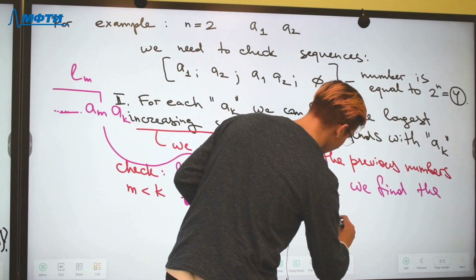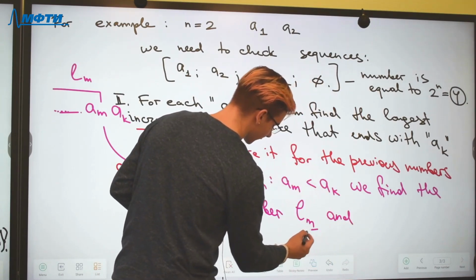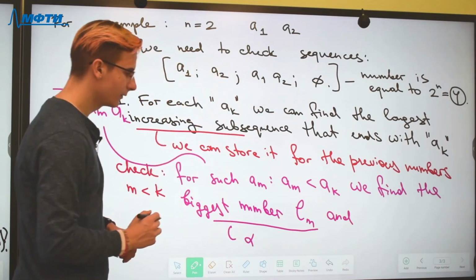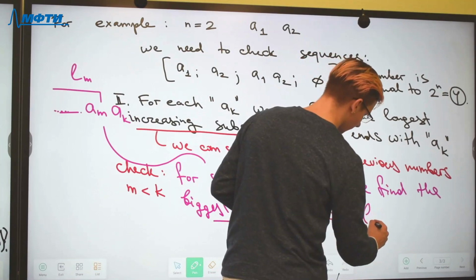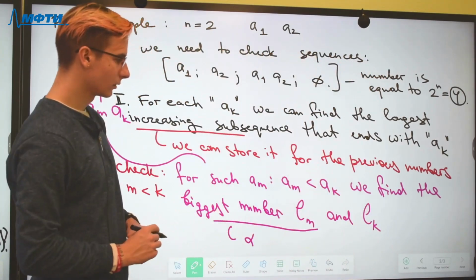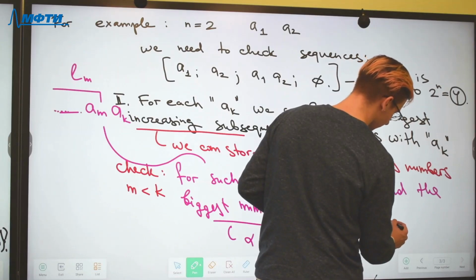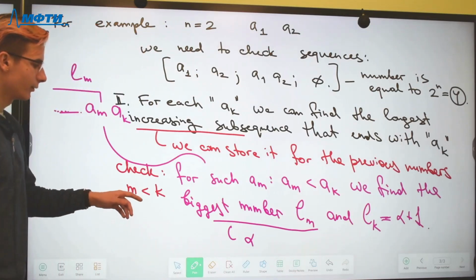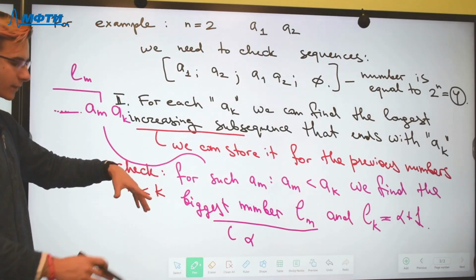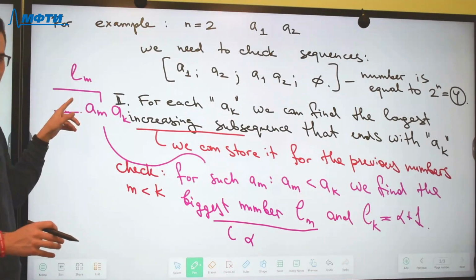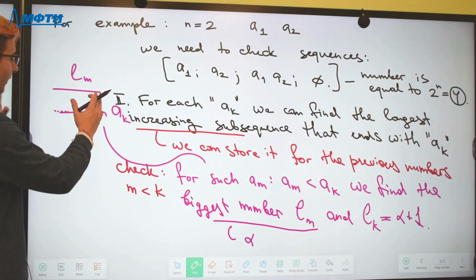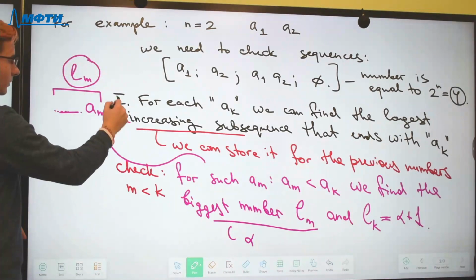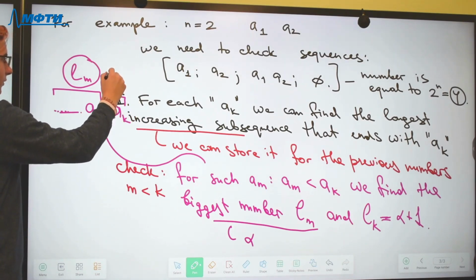For example, the biggest number Lm is equal to alpha, and we say that Lk is equal to alpha plus 1, because we find the longest subsequence that ends in Am, the length of this subsequence equals Lm, and we add Ak to it.